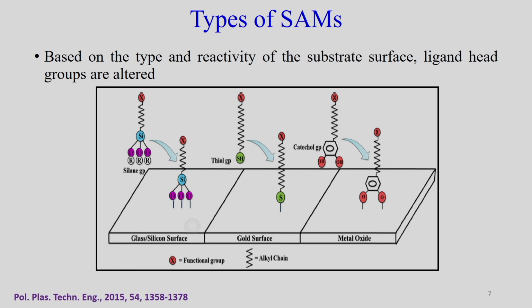So, here you can have the silane for the silica surface, thiol for the gold surface, and catechol for the metal oxide surface. In all the cases, whatever the X is, it will decide the surface functionality. So, for a given surface, we have to choose which type of surface modifying agent is required.